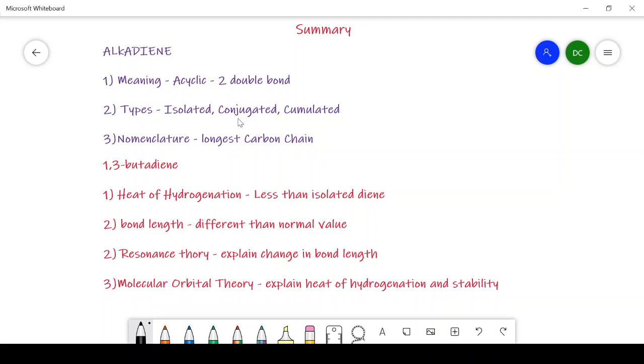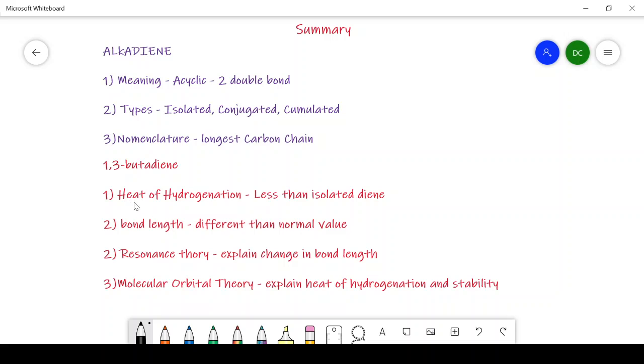The nomenclature is given according to the selection of the longest carbon chain, which is considered as the parent hydrocarbon. From the conjugated dienes, we have studied 1,3-butadiene. It is compared with the isolated diene, that is 1,4-pentadiene, and heat of hydrogenation and bond length are compared with the normal value.